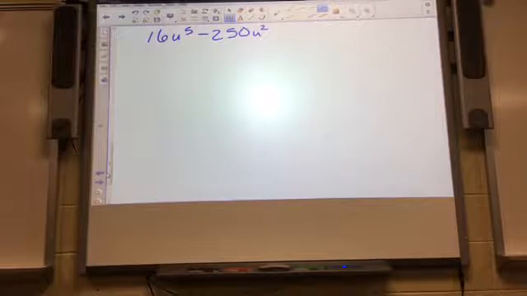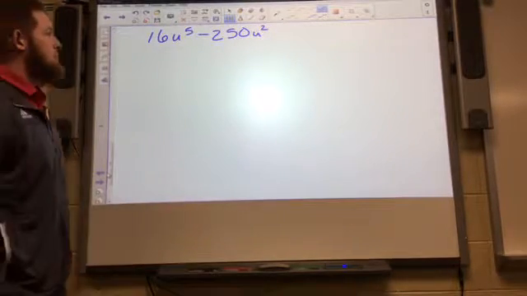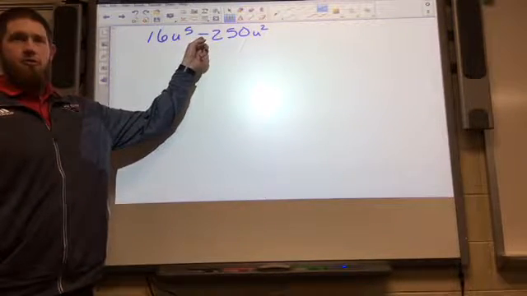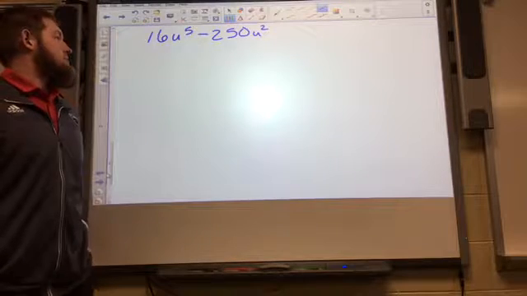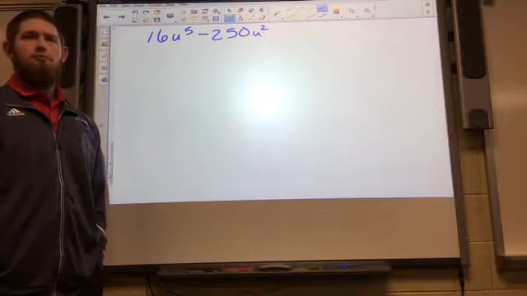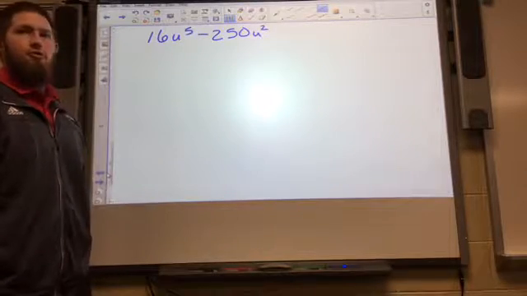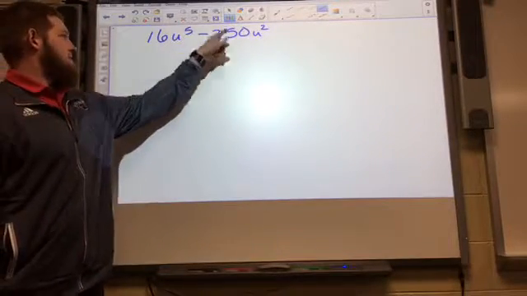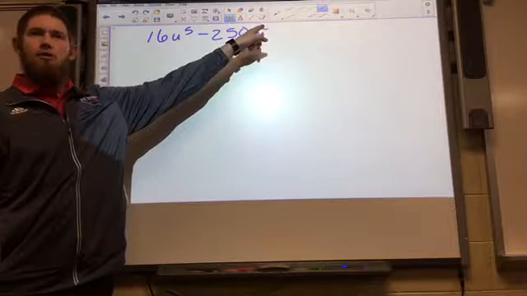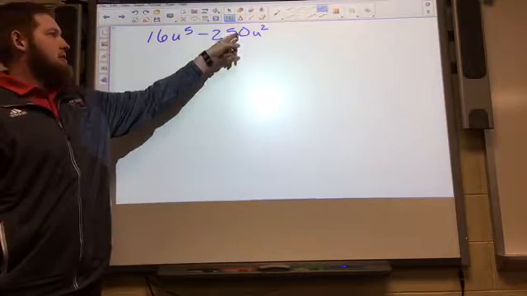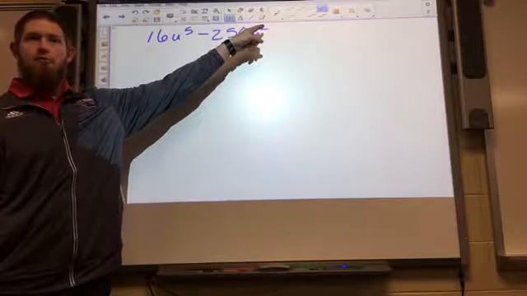Now, looking at this, first of all, it's a difference, right? So it's obviously not the sum of two cubes. But is that a difference of two cubes? Can it be a difference of two cubes if that's a u to the fifth and that's a u squared? No. But looking at this, each one of these has at least a u squared, right?